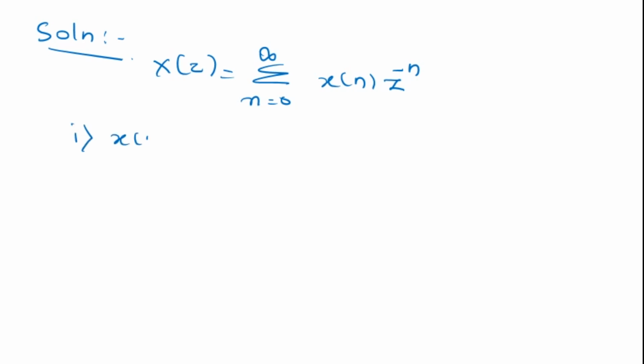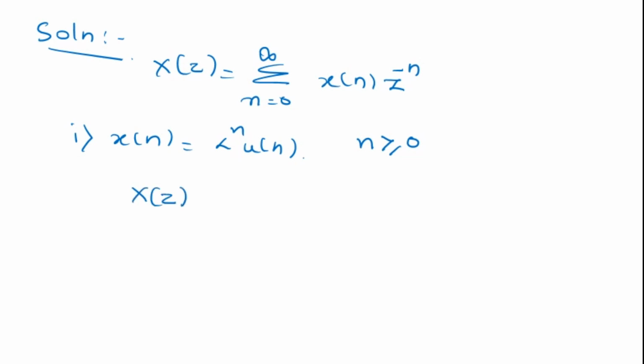We know that unilateral Z transform x of z is equal to summation n is equal to 0 to infinity x of n into z to the power minus n, and it is given x of n is equal to alpha to the power n into u of n. It exists for n greater than or equal to 0.